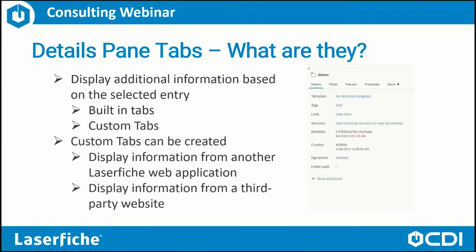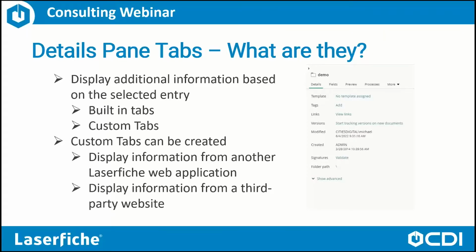By configuring custom tabs within the Laserfiche Web Client, we can display information from another Laserfiche web application, such as Laserfiche Forms, or we can display information from a third-party website. As an asterisk, web security is constantly changing, and third-party websites are making their sites more secure every day.